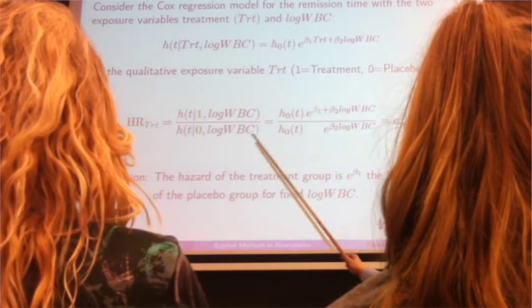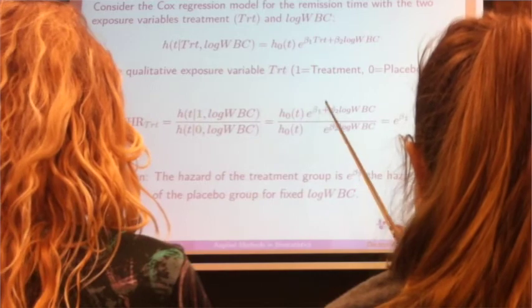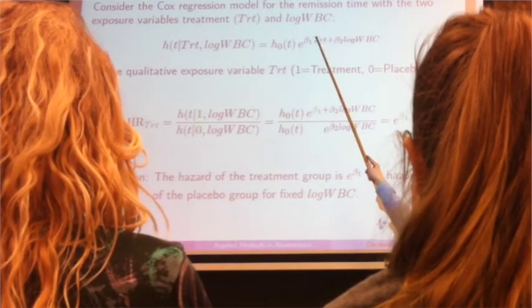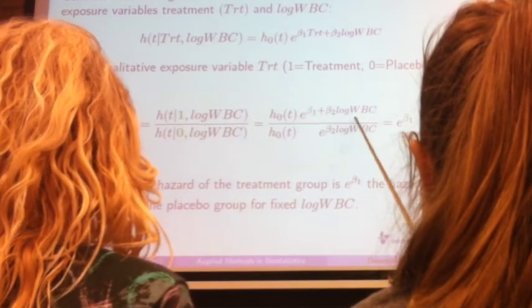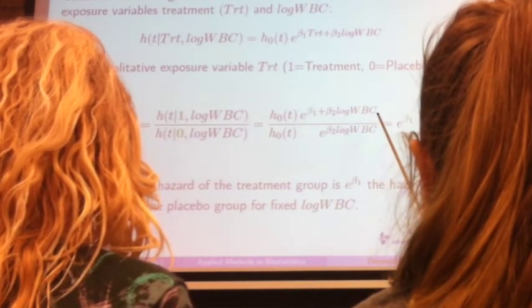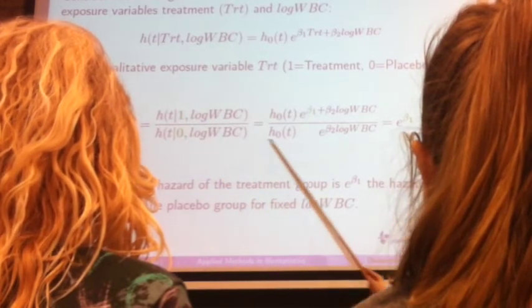Taking this expression, what would we get? Baseline hazard times e to the power of beta 1, because treatment in this case is 1, plus beta 2 times the logarithm of white blood count cells, divided by the hazard for the placebo group.